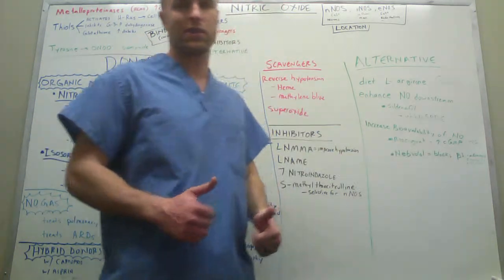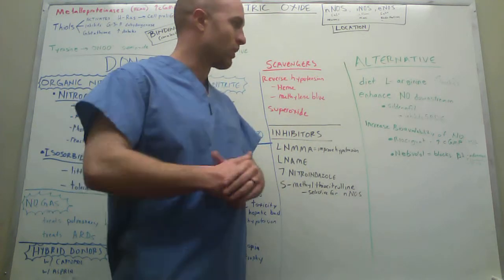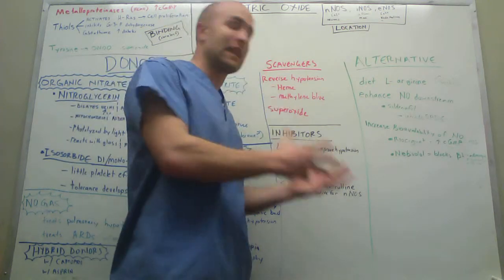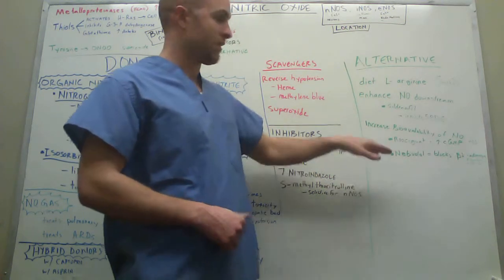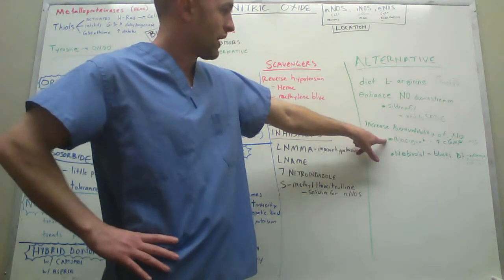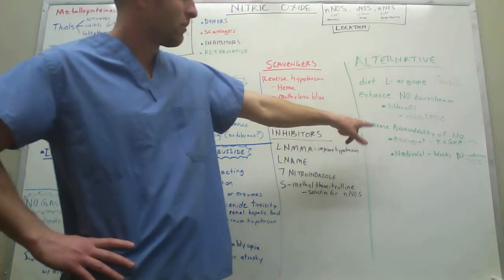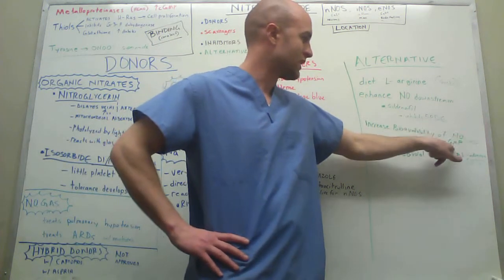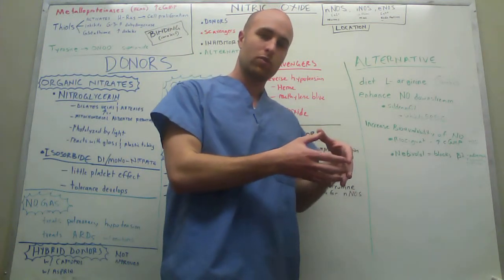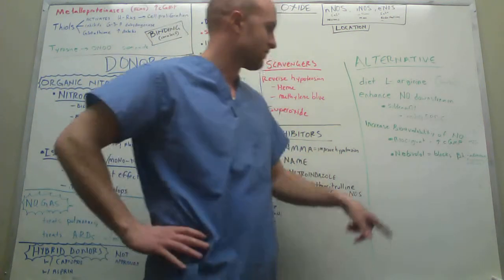But essentially what it results in is increasing cyclic GMP. One of the effects of increasing cyclic GMP is to relax smooth muscle, so relaxed smooth muscle means vasodilation. So riociguat, however you pronounce that, increases the bioavailability of nitric oxide, which results in increased cyclic GMP, which causes smooth muscles to relax, which results in vasodilation.